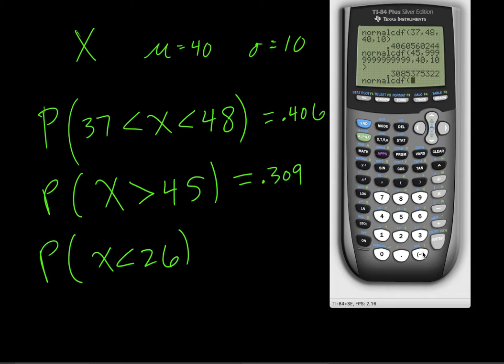Okay, this time our lower bound is a really small number. So I'm going to say negative, and a bunch of 9s. Our upper bound this time is 26. And then we just do our mean and standard deviation. We get 0.081.